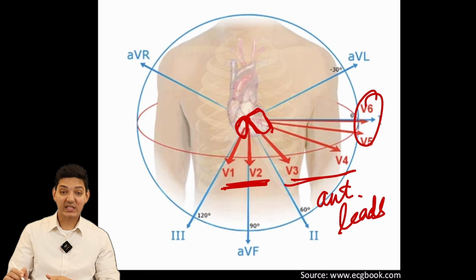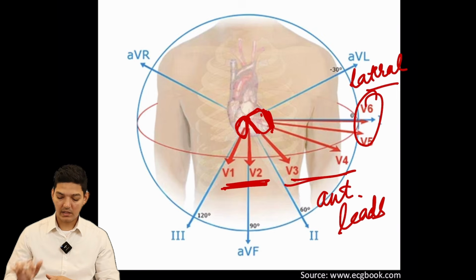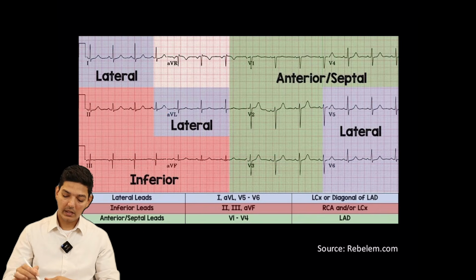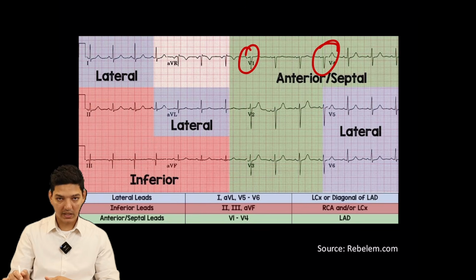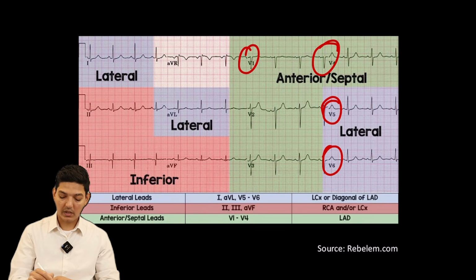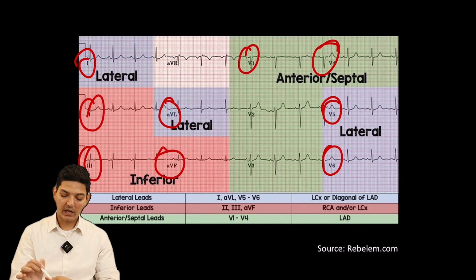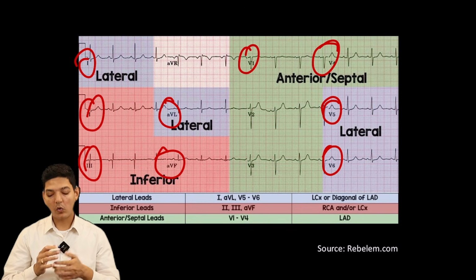V5 and V6, just like 1 and AVL, are looking at the lateral border, so they are called lateral leads. We'll see this in a moment. Look at this: V1 to V4 are all called anteroseptal leads, V5 and V6 are called lateral leads, just like 1 and AVL, and 2, 3 and AVF are called inferior leads. I hope it makes sense.